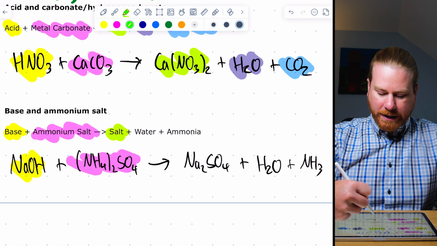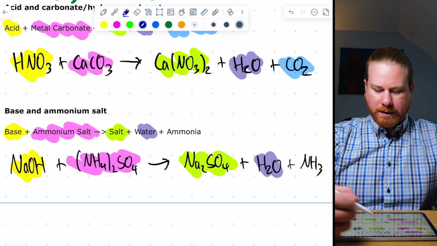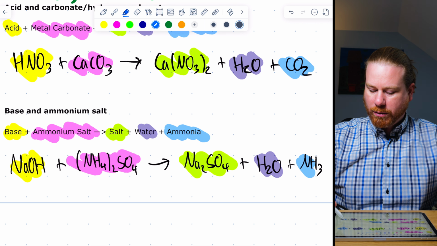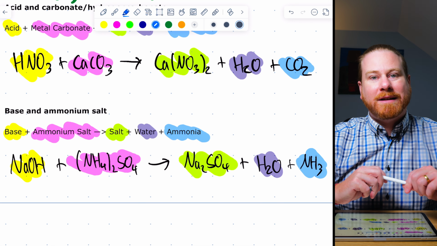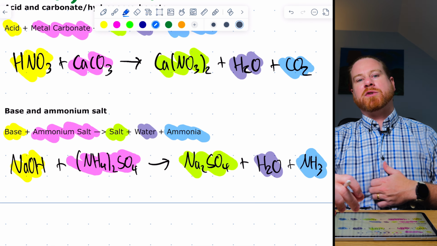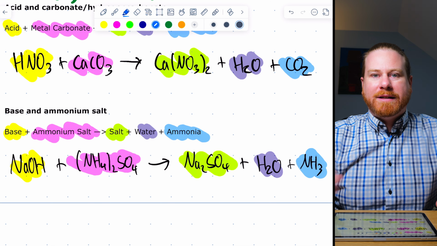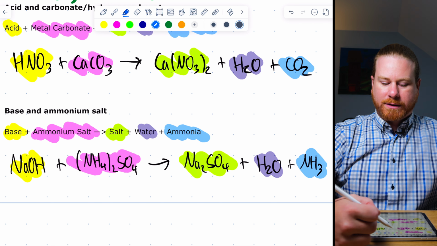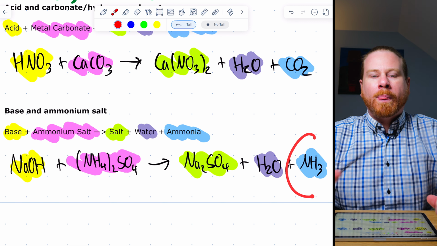And again, we're getting another salt, we're getting some water, and we are getting ammonia. So if you want to make ammonia in the lab, then this is the equation to do it. Sometimes you might not have ammonia lying around, but you might have a base and an ammonium salt, and this is the way to get some ammonia if you need it.